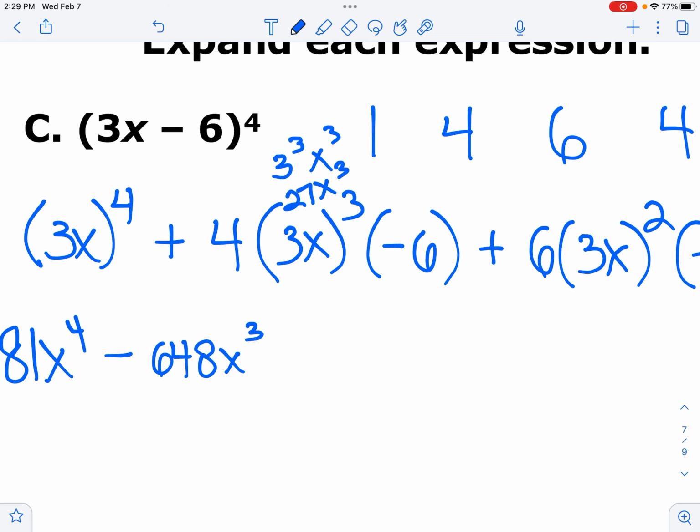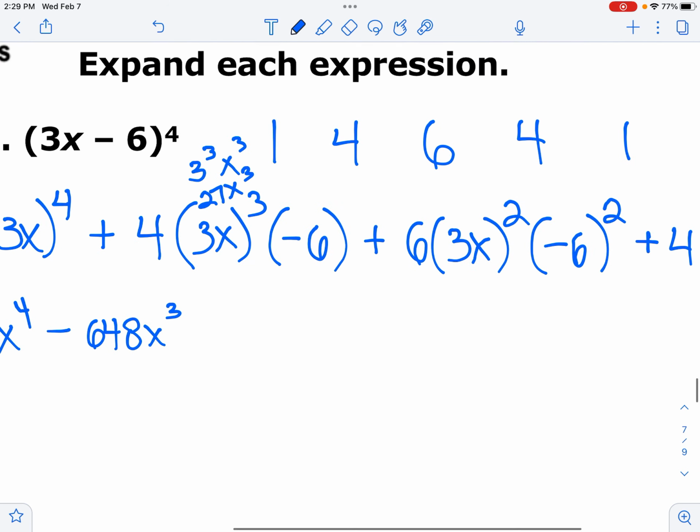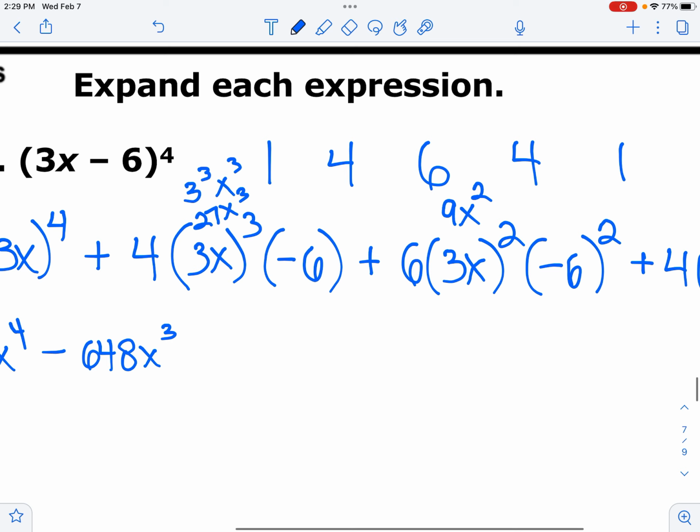Okay, so I'm just going to go through that whole process again. Here I have 3x times 3x, or 3x squared. That would be 9x squared. So now I got to do also this one. So negative 6 times negative 6 is 36, positive 36.